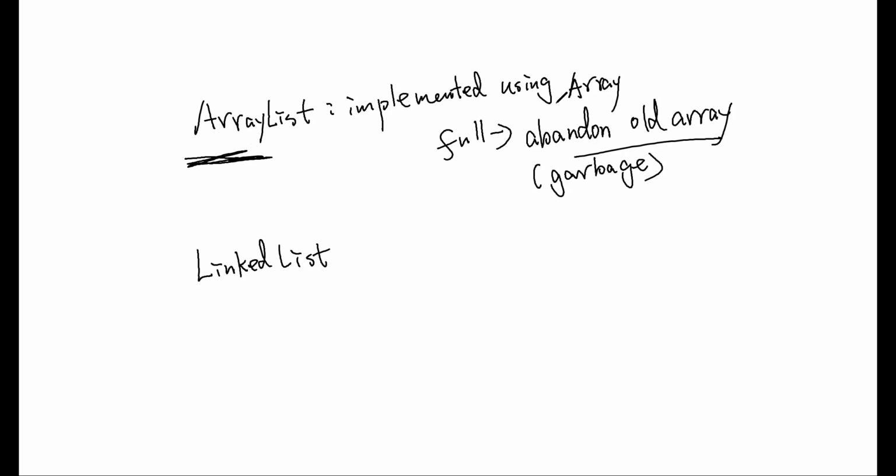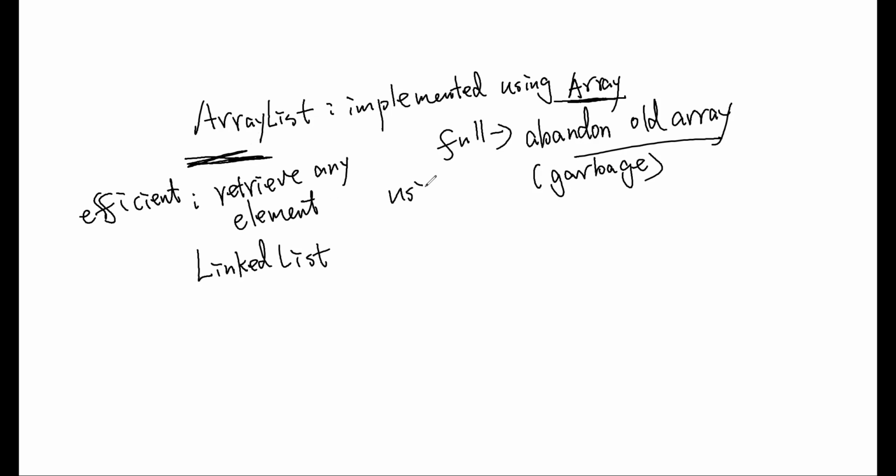But because it's implemented using an array, whenever you want to retrieve any element, this is very efficient. It's efficient at retrieving elements because it uses an index, which is the fastest way.